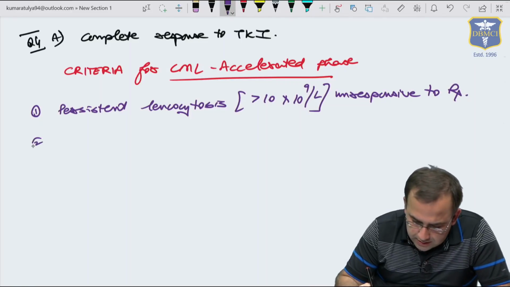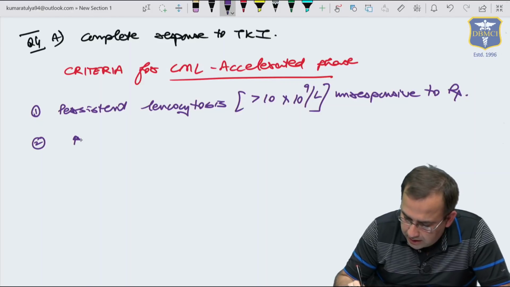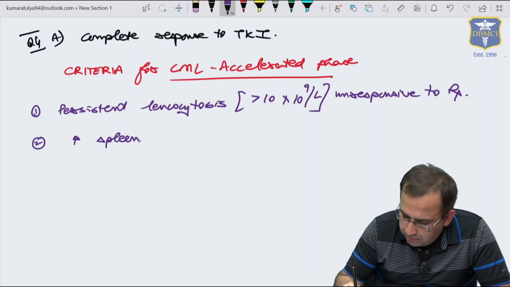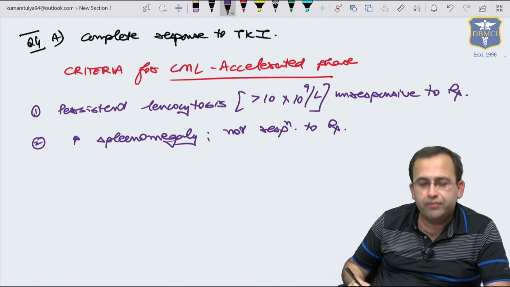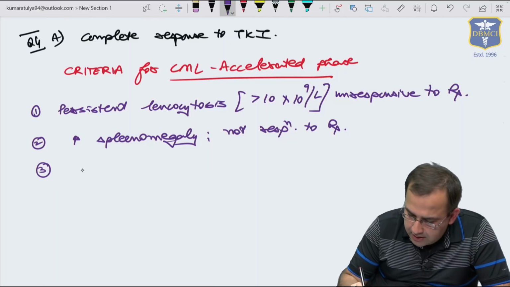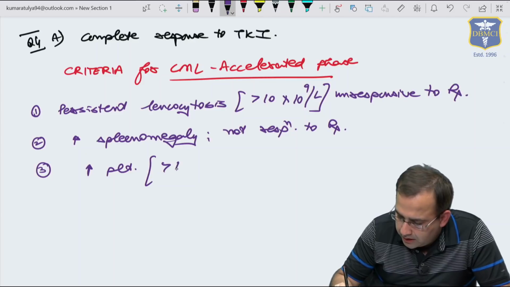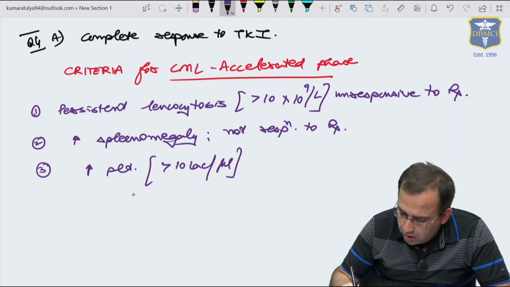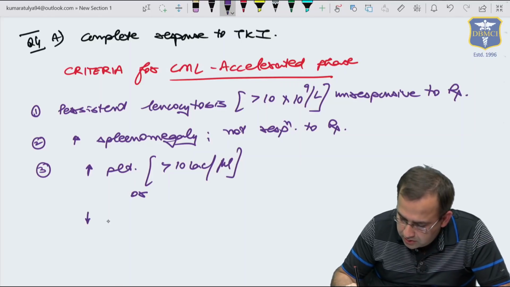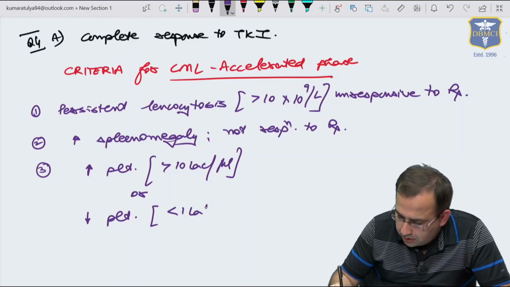Next is increasing or persistent splenomegaly, again not responding to therapy. The next criteria is increased platelet count, that is more than 10 lakh per microliter, or reduced platelet count, that is less than 1 lakh per microliter.